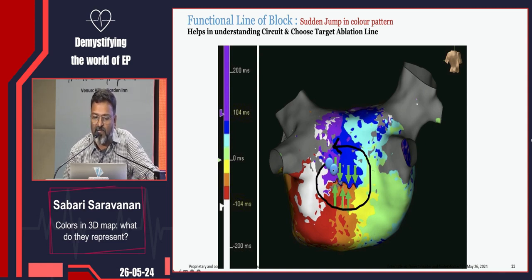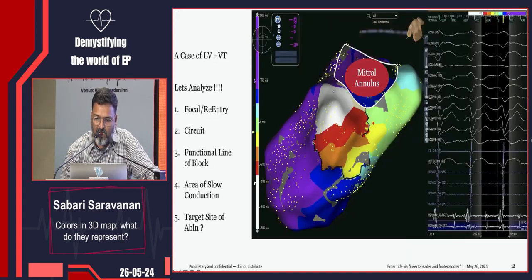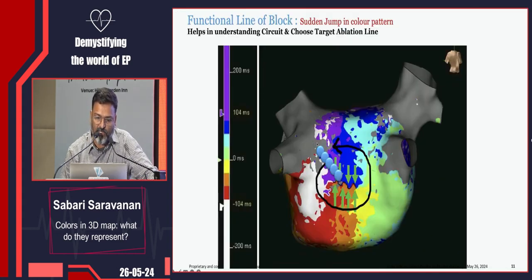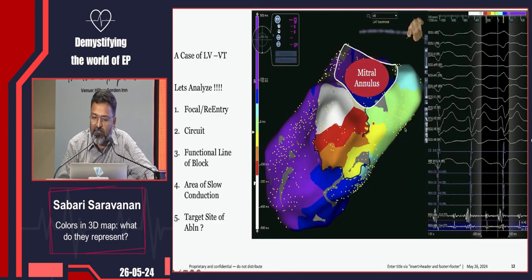So why is it very important? We know that it is going around this functional line of block, and you have the pulmonary vein which is already isolated, or there is no signal. So if you draw a line from the pulmonary veins to this functional line of block, it will take care of this flutter. The flutter is not only atrial flutter. Ventricular tachycardias can also be a re-entry in terms of scar-related substrate.